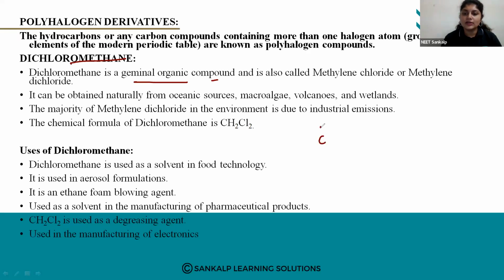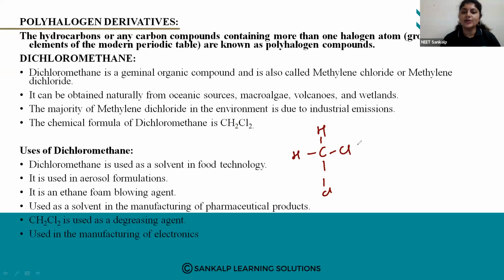How is the structure? First, I'll write the structure of dichloromethane. Okay, so this is the structure: C with H, H, Cl and Cl.